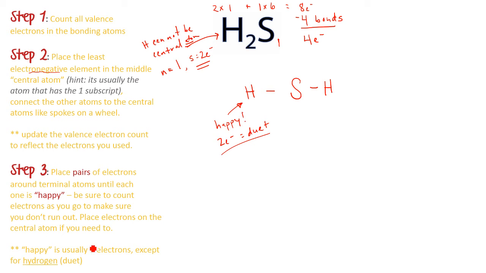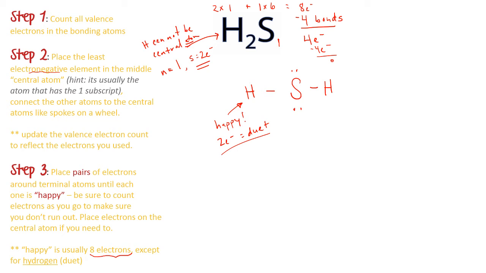Sulfur is trying to get an octet. So in order to have an octet, we have to place 2 electrons here and 2 electrons here. That's us using our 4 electrons, and that's us making a full, happy dihydrogen sulfide, dihydrogen monosulfide.